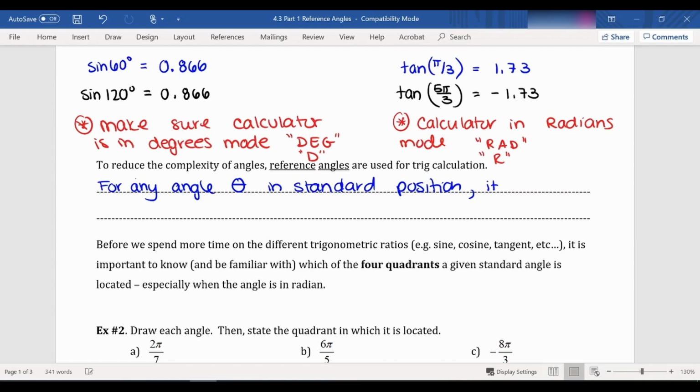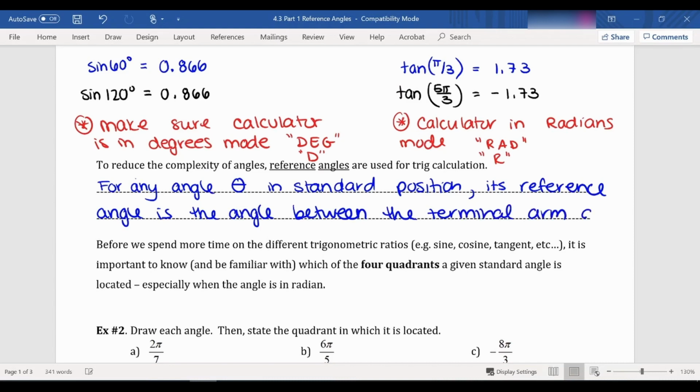So for any angle in standard position, its reference angle is the angle between the terminal arm and the nearest x-axis.